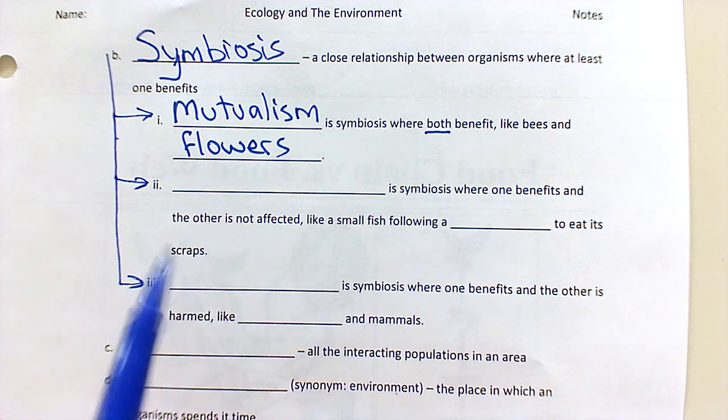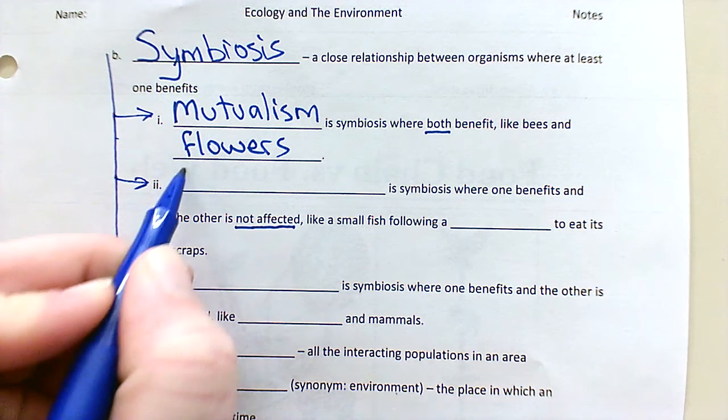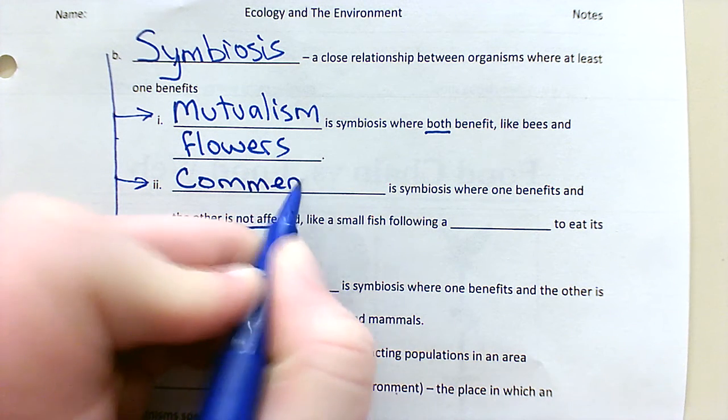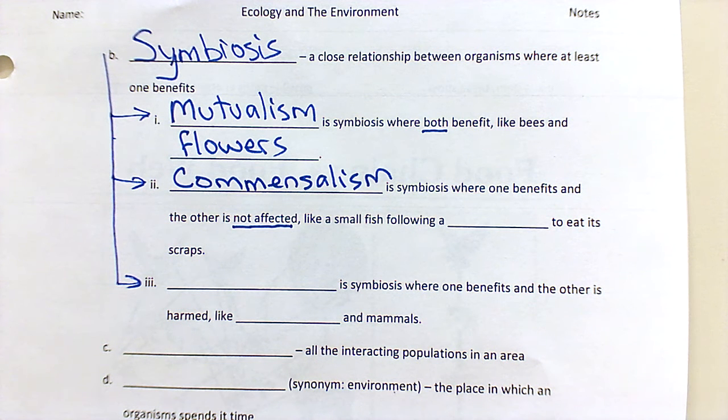All right, so this one benefits and the other is not affected. This is the C one. Commensalism. And I don't know if it will help to remember what it means, but to remember the word: anybody know what they call graduation ceremonies besides graduation ceremonies?